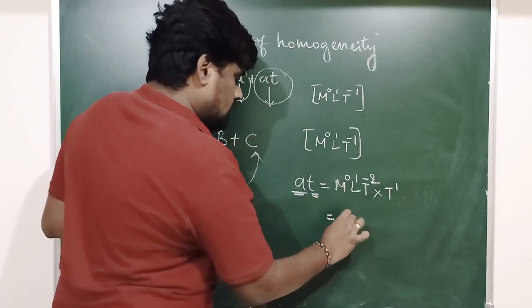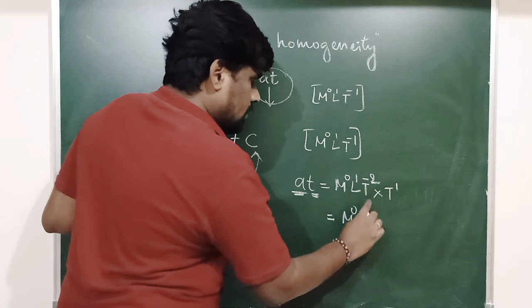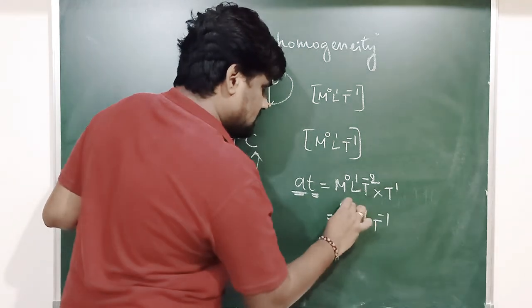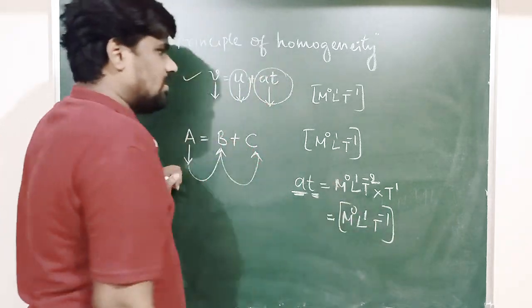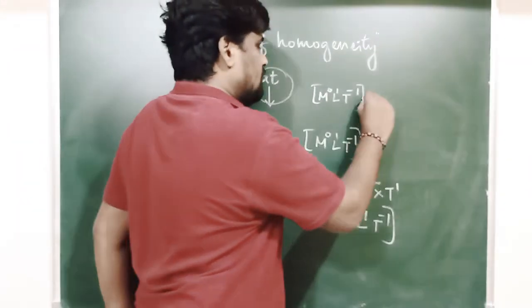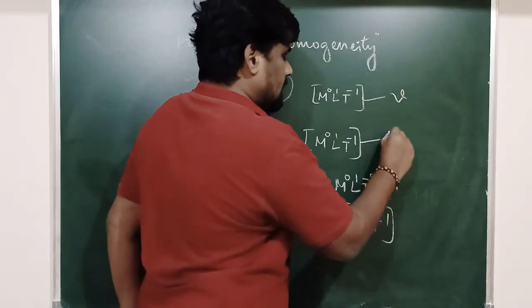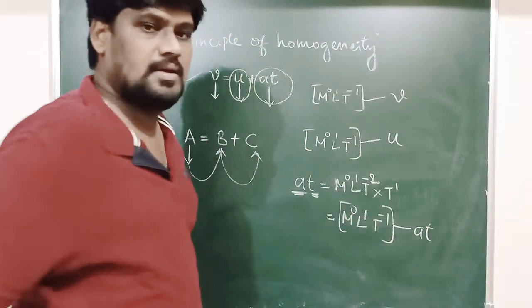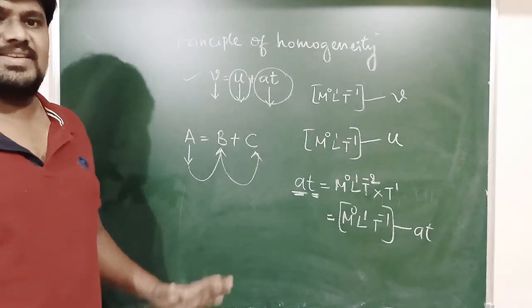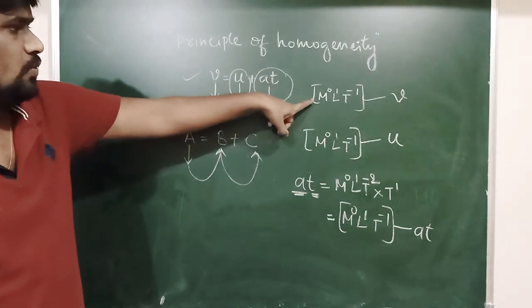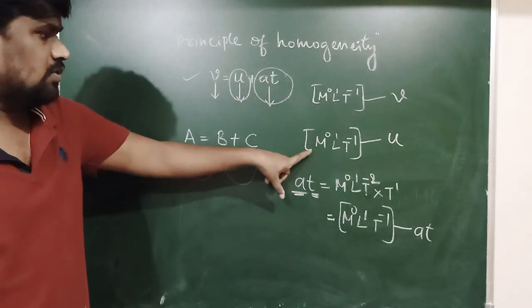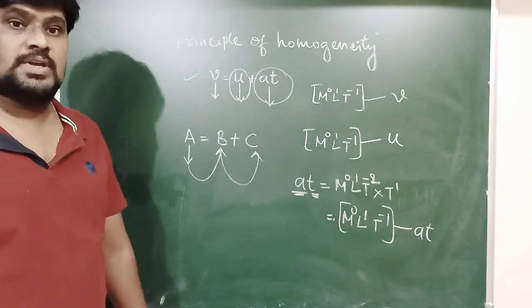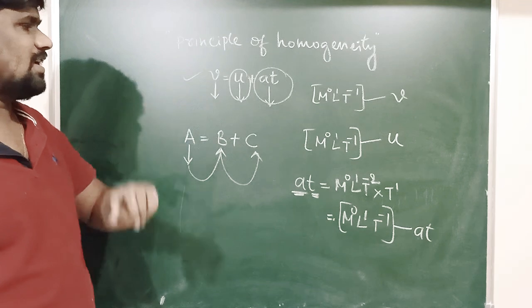So m0 L1 t power minus 2 times t power 1 gives t power minus 1. Look at the terms. This is the dimensional formula of V. This is the dimensional formula of U. This is the dimensional formula of AT. Okay, all have same dimensions. m0 L1 t minus 1, m0 L1 t minus 1, m0 L1 t minus 1. Therefore this equation is correct.